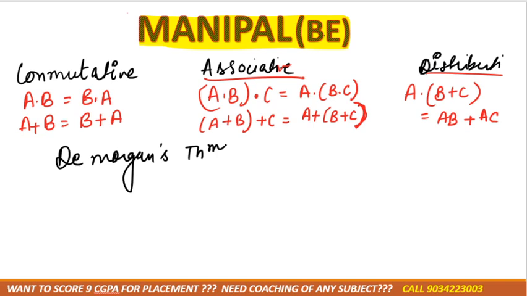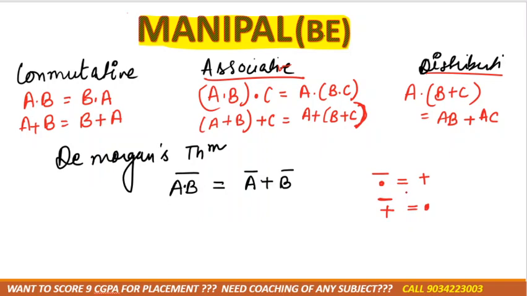Okay. Next one is De Morgan's theorem. What is basically De Morgan's theorem? It is very important. If we have (A dot B) whole bar, that will be A bar plus B bar. If we have a dot under the bar, then it would be represented by plus. If we have a plus under the bar, then it will be represented by dot.